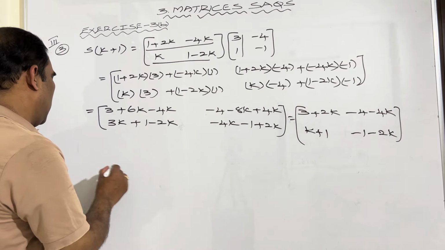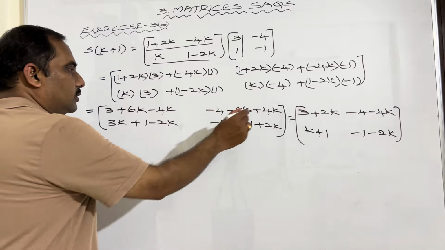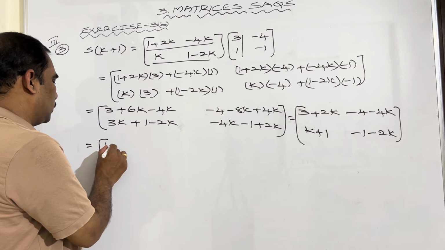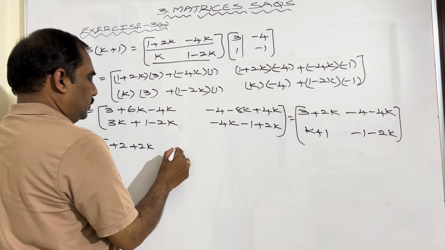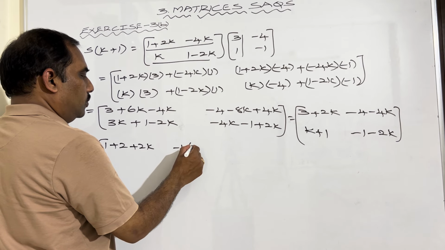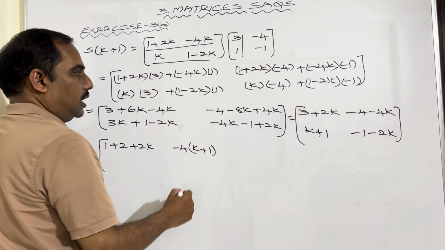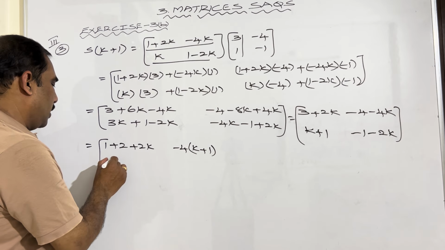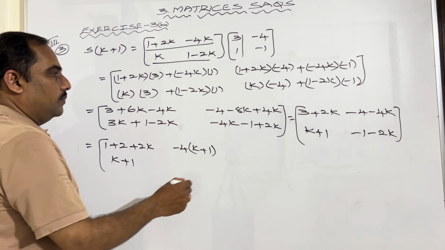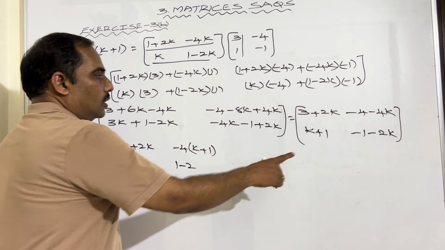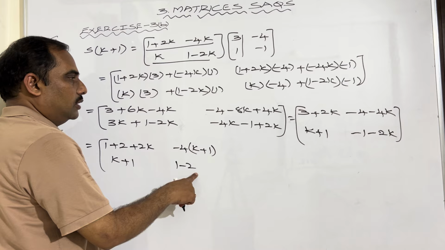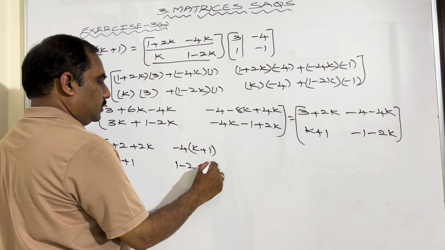So that's why, this 3 we write as 1 plus 2 plus 2k, and here minus 4 is taken common, minus 4 into 1 plus k, or k plus 1, both are the same. Here k plus 1, and here minus 1 we write as 1 minus 2. Minus 1 is nothing but 1 minus 2, and minus 2k is written as it is.